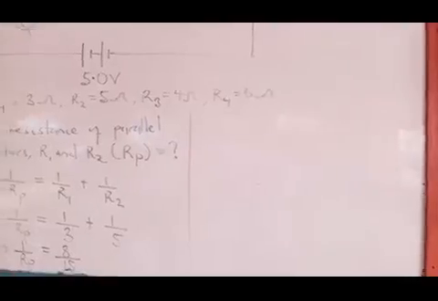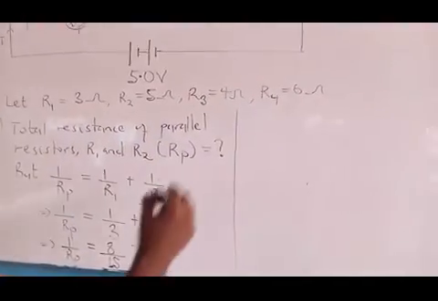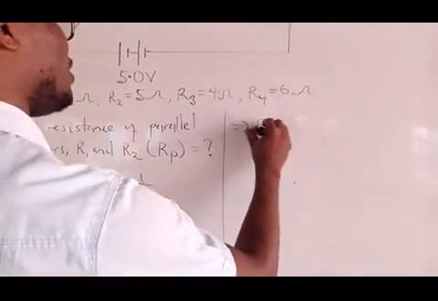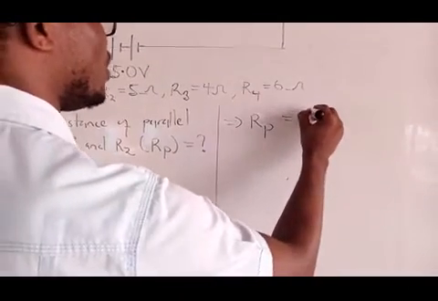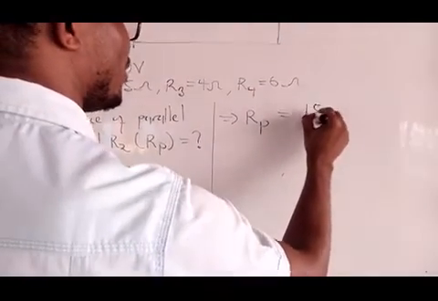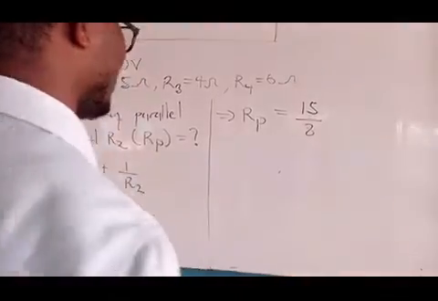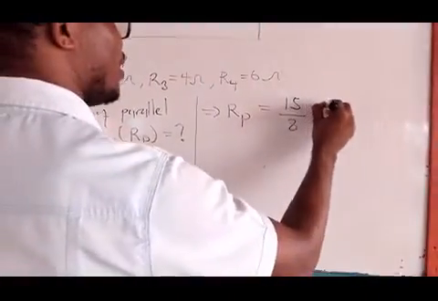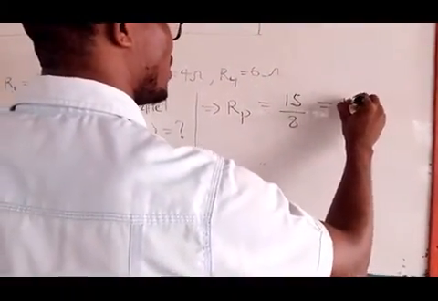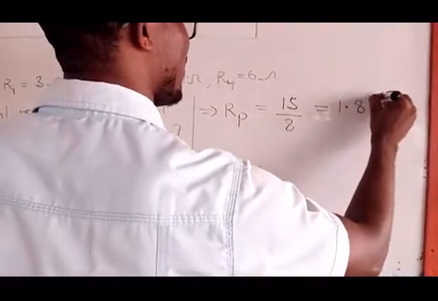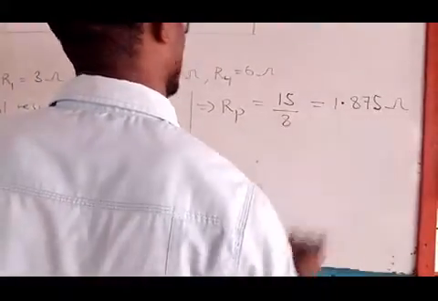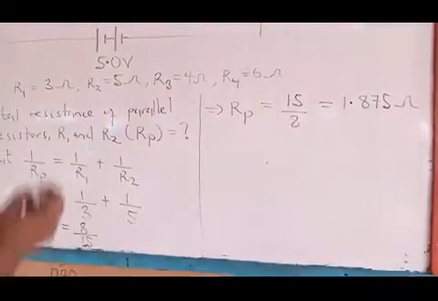Okay, so 1 over Rp is equal to 8 on 15. If you make Rp the subject, your Rp will be equal to 15 over 8, and 15 over 8 will give you 1.875 ohms.